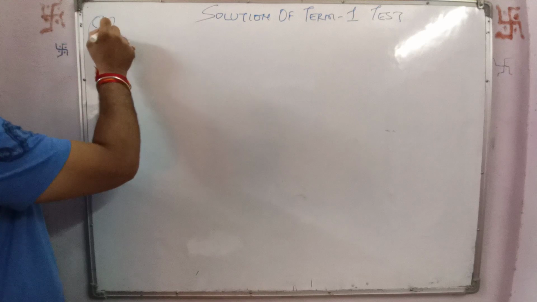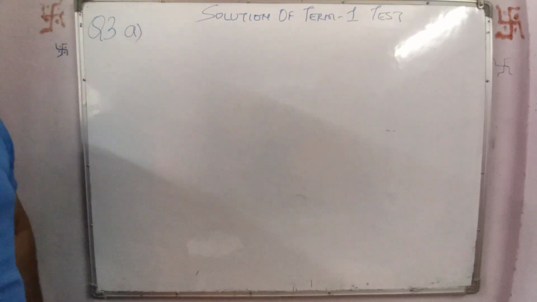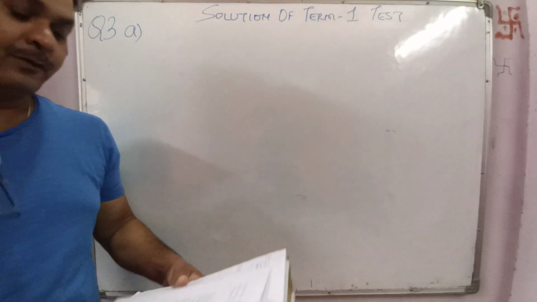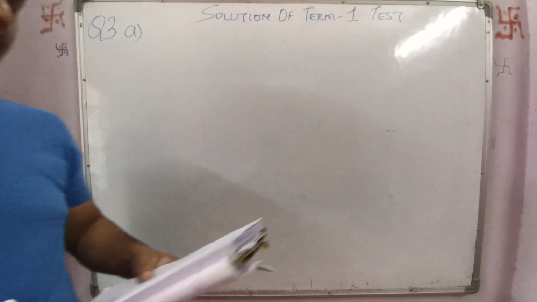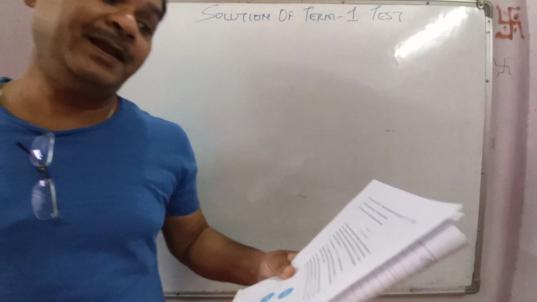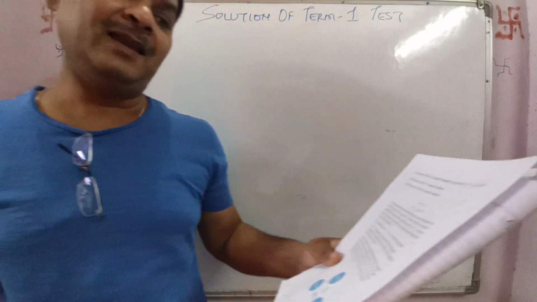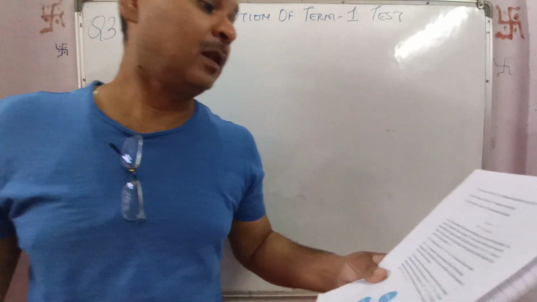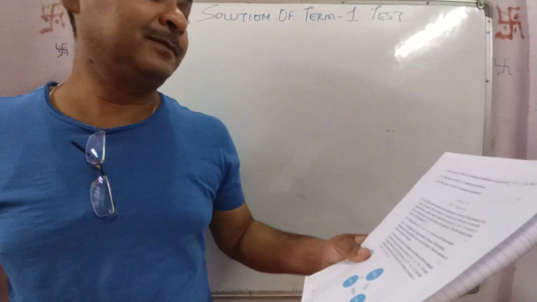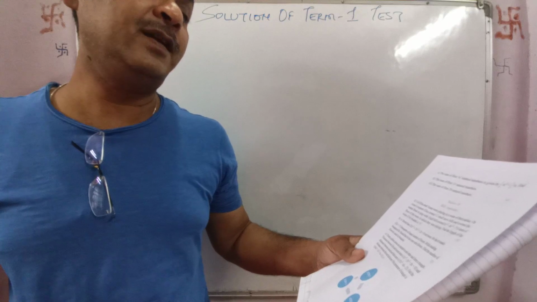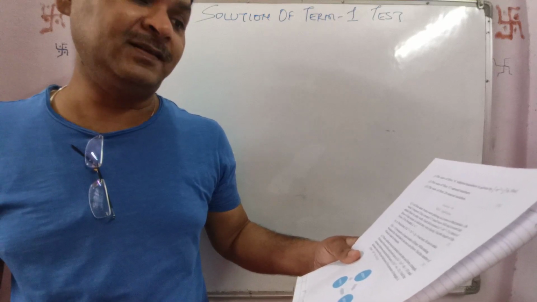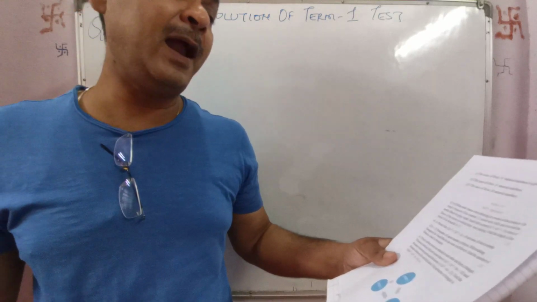Okay, question number 3, A part. Now, the question is, Elsa and Anna were playing in a room of their palace. Okay, they have got the palace. On Anna's request, Elsa created 12 small snow hills and covered the entire floor to play with.